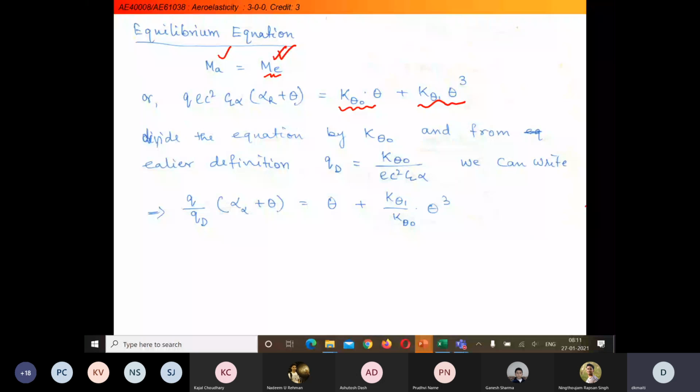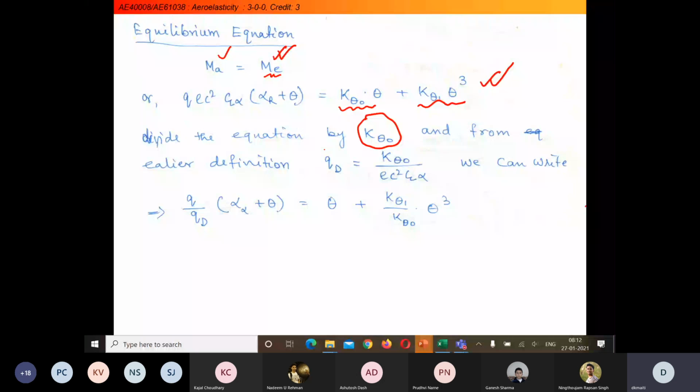Now dividing the whole equilibrium equation by k theta naught, and defining one more parameter, that is q divergence, which is nothing but k theta naught by e c square C_L alpha, that is the q divergence.